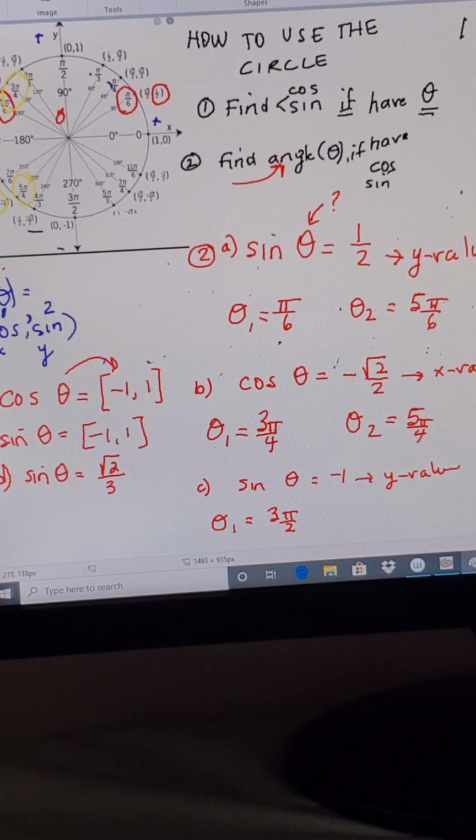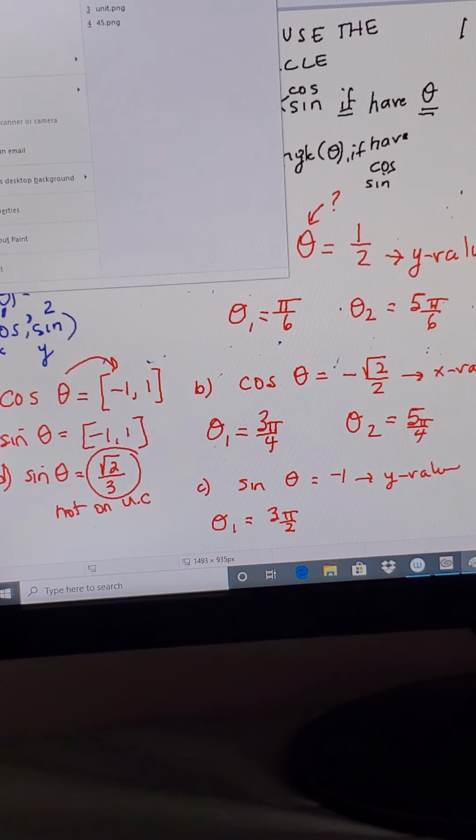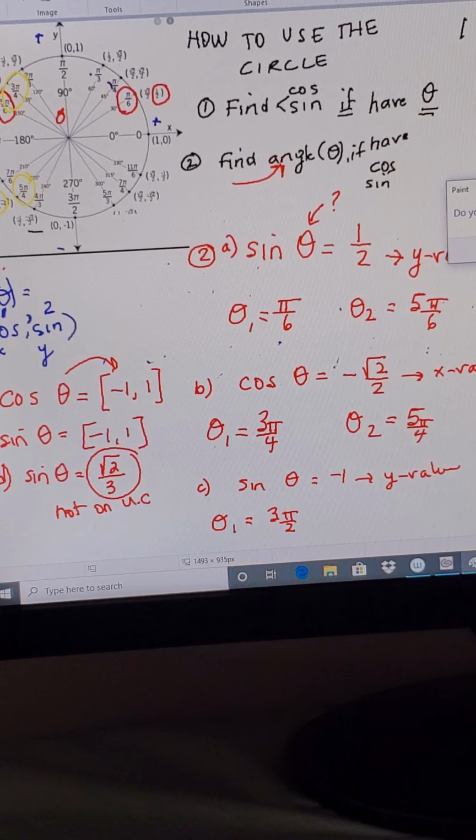If you look around the unit circle, this is not on the unit circle. So I'm just quickly going to go over, oh boy, no, that's not what I wanted to do. Guess I won't save. I just quickly wanted to go over that fact.